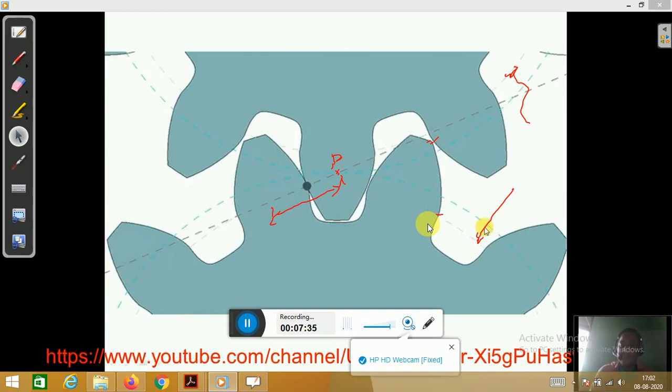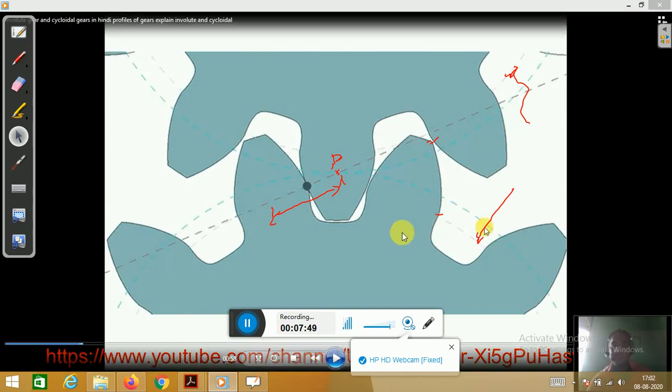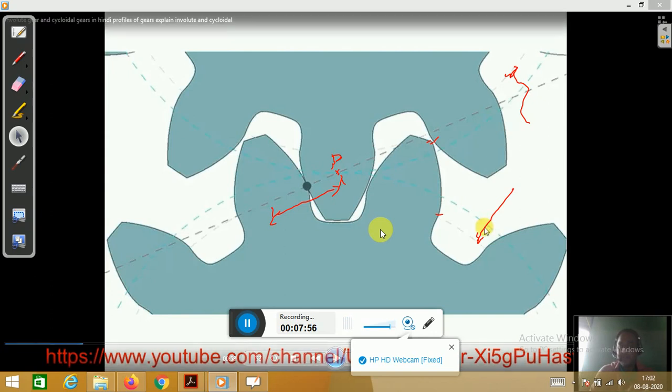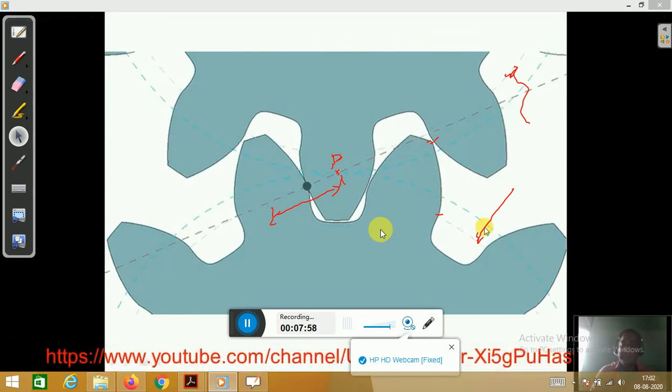So if there is connection between the involute profile and the fillet, it means conjugate with non-conjugate, which leads to interference, and we have to always avoid that. So now we have understood what interference is: the contact between conjugate and non-conjugate profile.